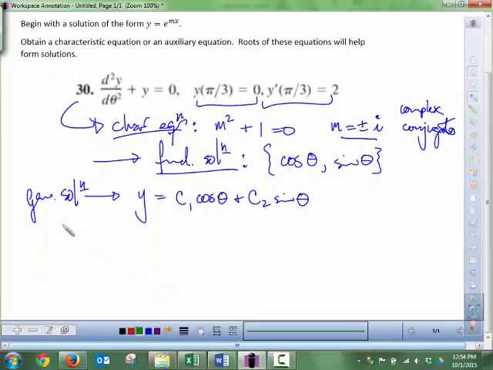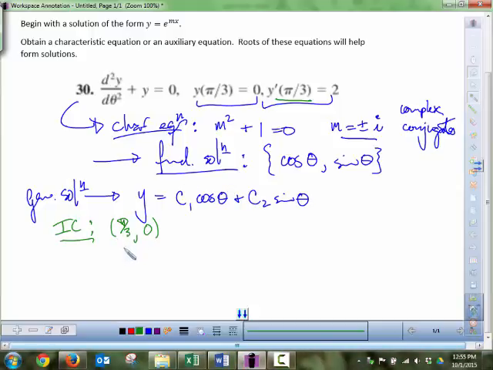Okay, so now we're going to use your initial condition. The IC is when theta is equal to pi over 3, y is equal to 0, and when theta is pi over 3, y prime is equal to 2. This is a point, and then here is a derivative, so we need the derivative of this thing. Kind of got ahead of myself there.